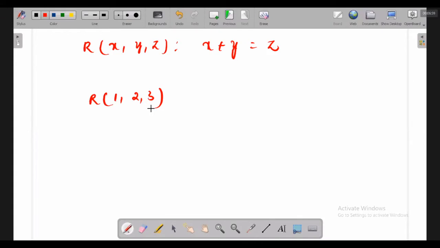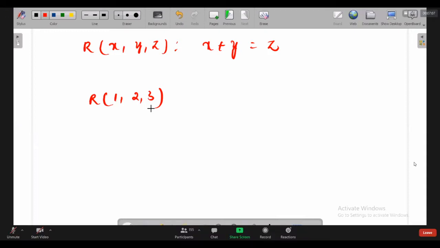That is the predicate function. Check the propositional value of R of 1, 2, 3. Is it true or false?